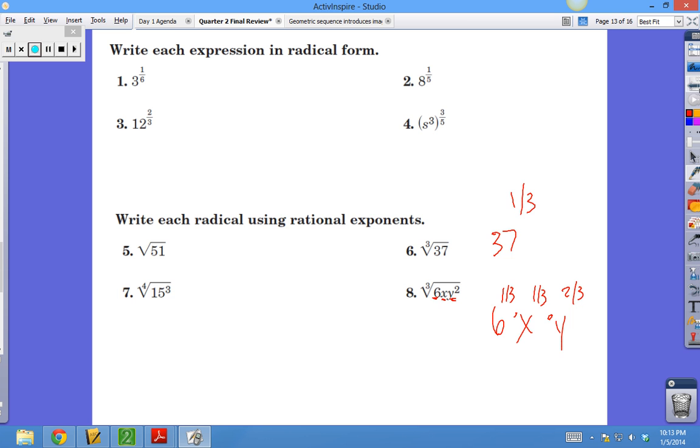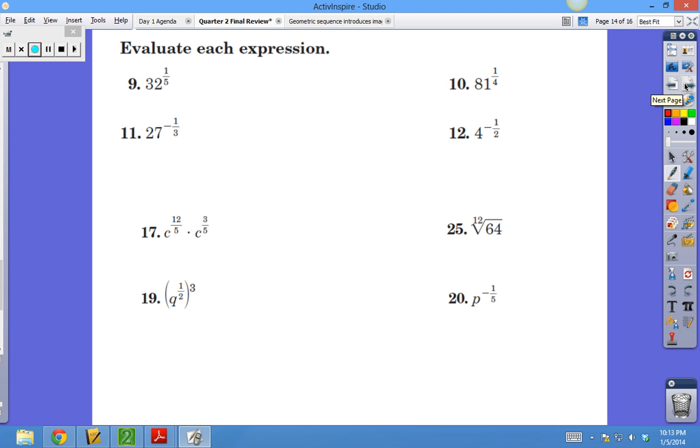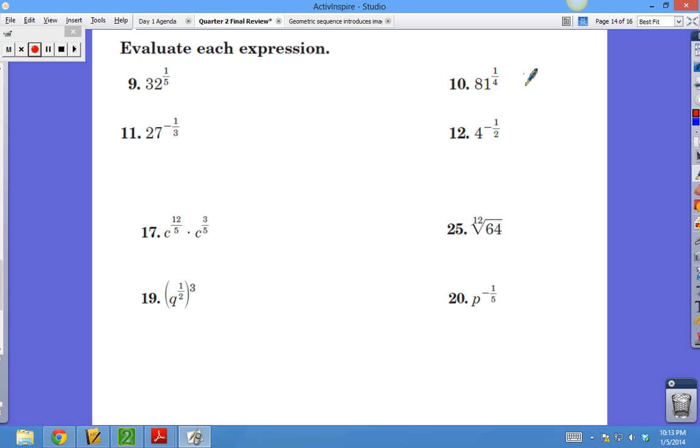Okay, let's go on. Let's just pick some of these. 81 to the 1/4. That's going to be the 4th root of 81.